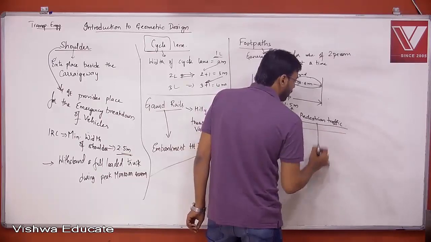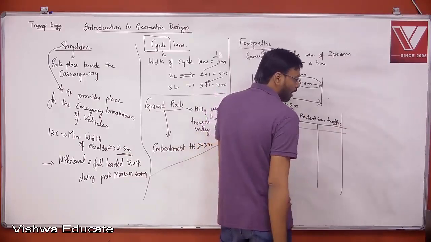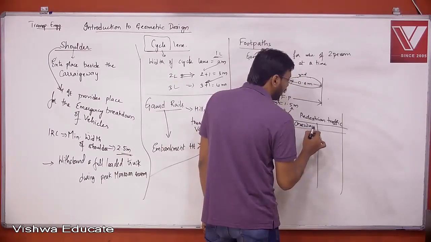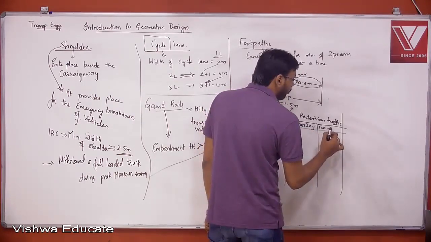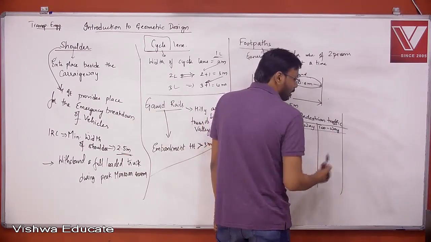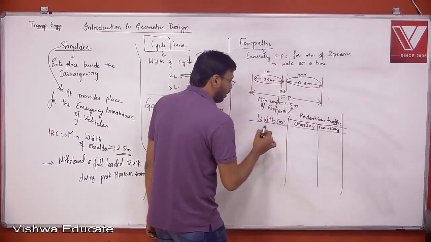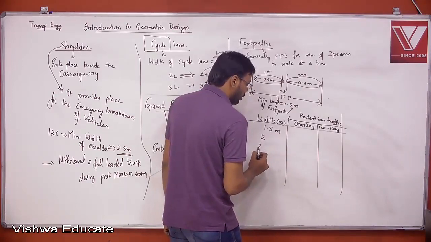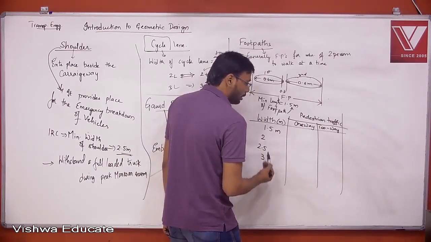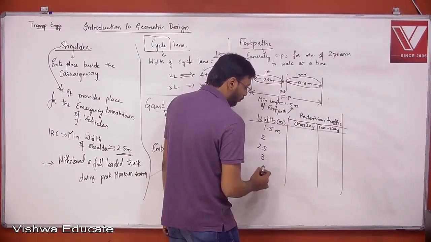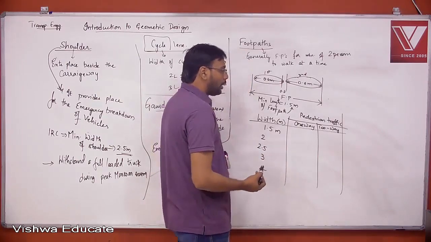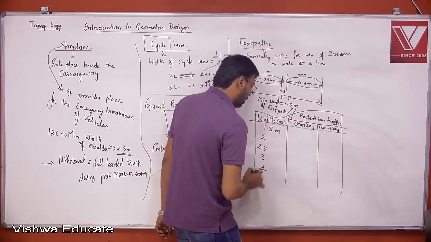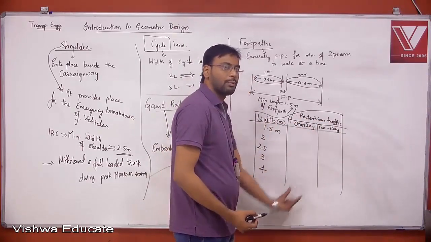Now this pedestrian traffic can be one way or it can be two-way, meaning from both the sides. So footpath width can be 1.5 meter, 2 meter, 2.5 meter, 3 meter, or it can be 4 meter. Now you should provide the pedestrian width based on these numbers.